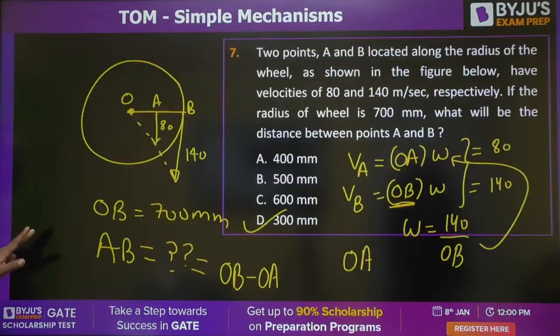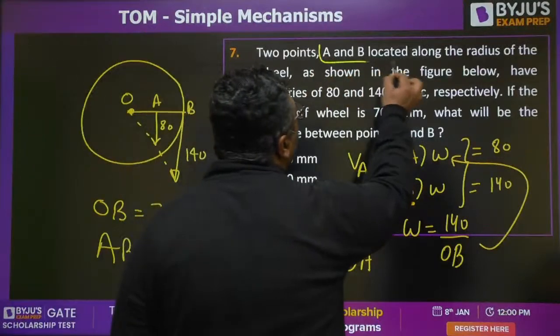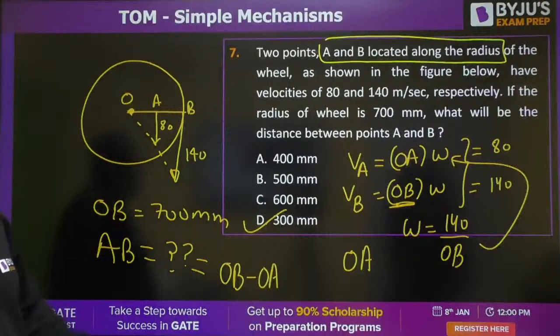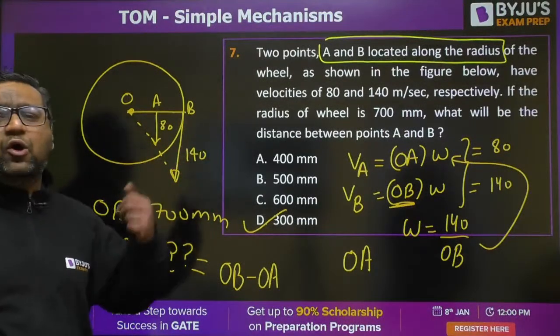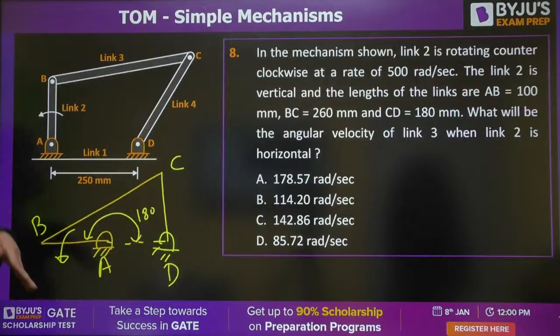In the previous question, when they are saying that A and B are located along the radius of the wheel, then obviously they are giving the velocity of the point on the wheel. An outside point, how will it have any velocity? It may not be at the diameter, but the figure was actually given in that way.